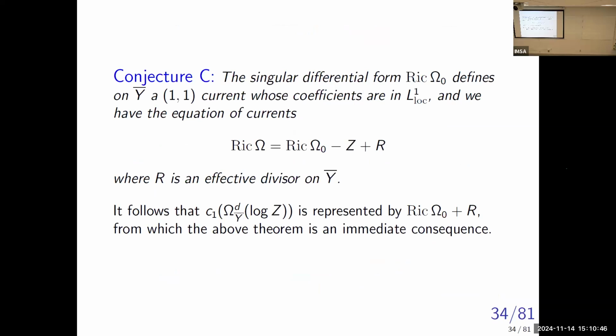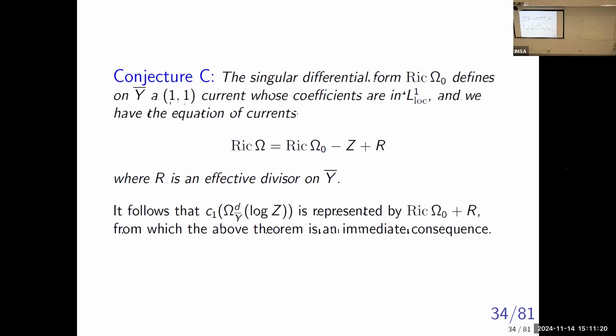So the conjecture, of which only parts have been proved, is that the Ricci form is the Ricci form of the pure volume form that you get where the volume form is non-zero, it's positive. And there are two types of correction terms, the divisor at infinity, Z, and R for ramification.